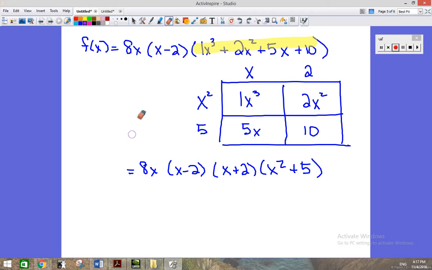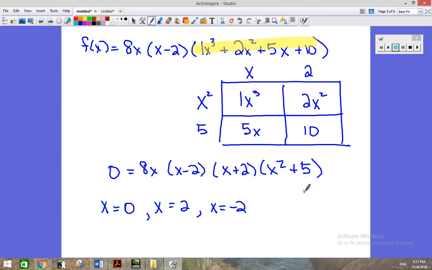To find the x-intercepts, we let y equal 0. So when we look at this factor contributes towards, if x were 0, that whole product is 0. If x were 2, 2 minus 2 is 0, and 0 times anything is 0. If x were negative 2.